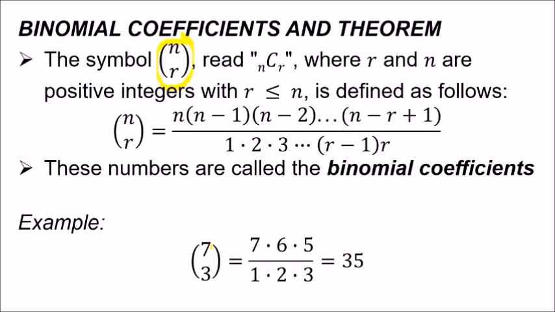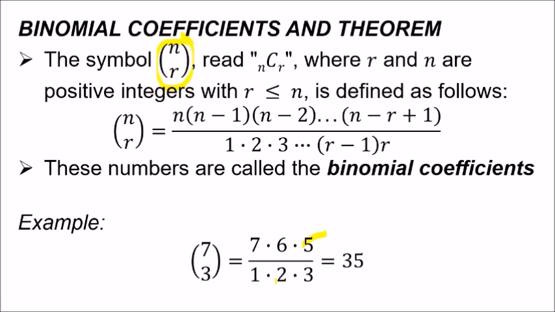Example: we have 7 combination 3, equal to, for the numerator, we go only up to 5, because we go only up to n minus r plus 1. So n minus r is 7 minus 3, that's 4, plus 1 is 5. So it goes only up to 5: 7 times 6 times 5. We do not continue down to 1.